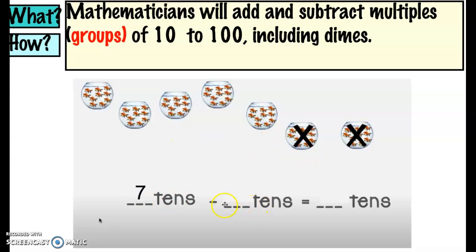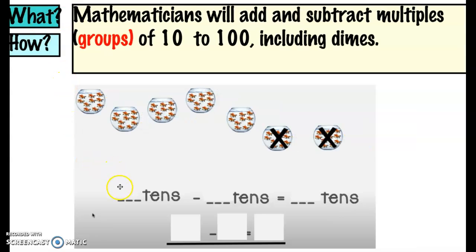And how many are they taking away? 2. So 7 tens minus 2 tens gives us, how many tens are left? 5 tens. So we know that there are 7 groups of tens, they're taking away 2 groups of tens, and we are left with 5 groups of tens.